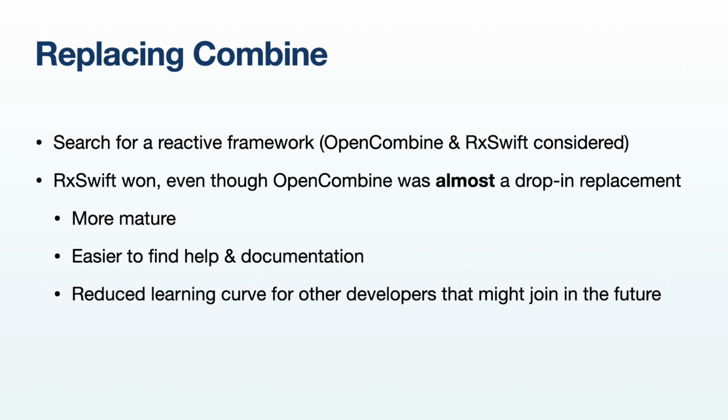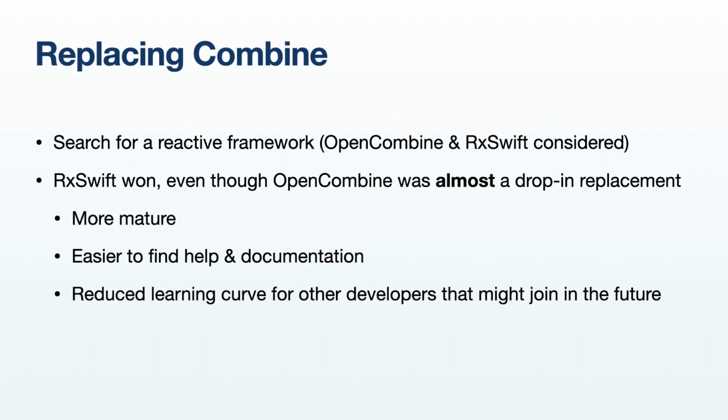In the end, maybe controversially, we decided to go for RxSwift, even though OpenCombine was almost a drop-in replacement for Combine itself. Why did we do that? So we found that RxSwift is in general a more mature framework. It's been around for a long time, longer than Combine itself actually, and that made it easier to find help and documentation surrounding it.